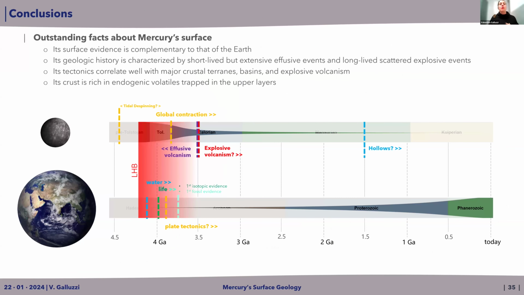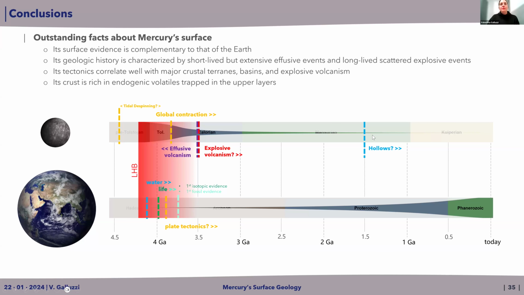So just to summarize what I have said so far, the surface of Mercury is complementary to that of the Earth, and we found out that its geological history is characterized by a short-lived effusive volcanism phase and a long-lived explosive volcanism phase.